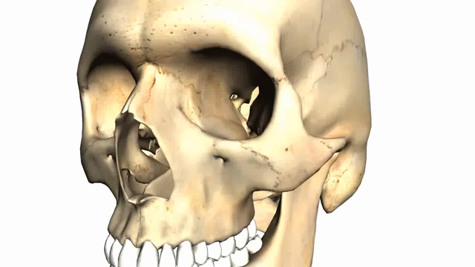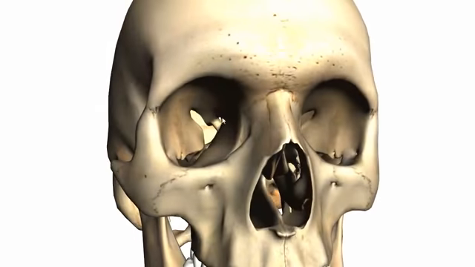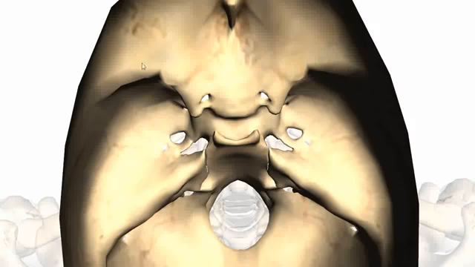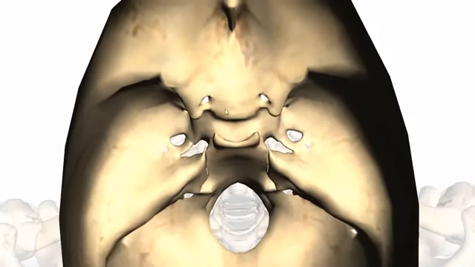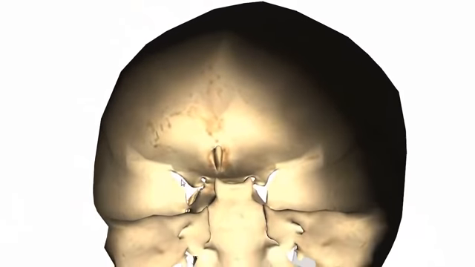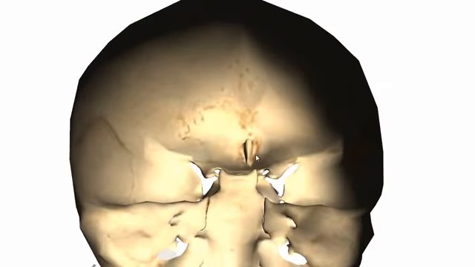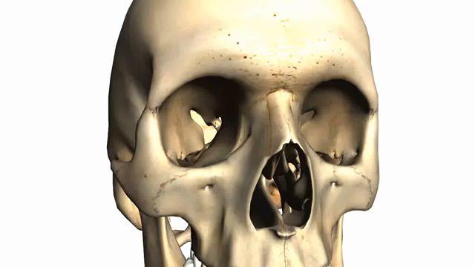So these little holes here, which sit medially in the orbit, that's the optic canal. And then if you remember the superior orbital fissure, that's this here. And just going back to the external view, the superior orbital fissure here, which you can see.